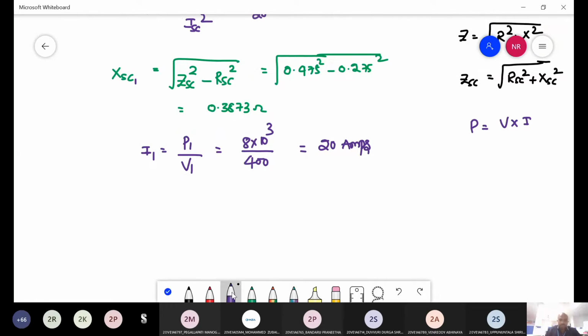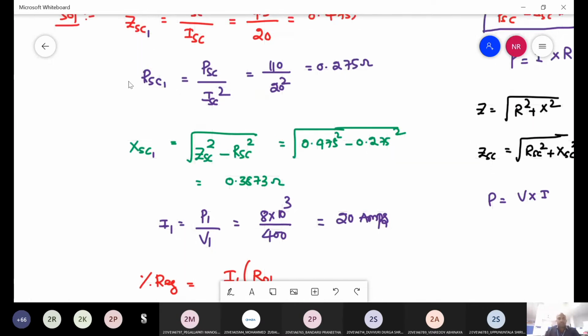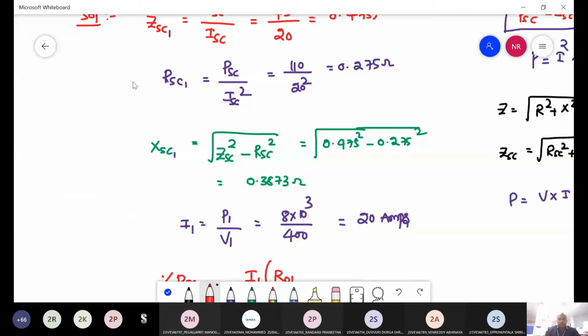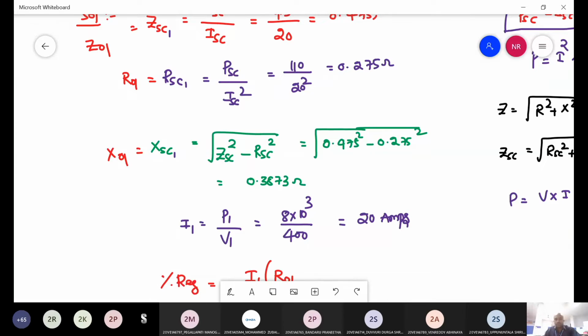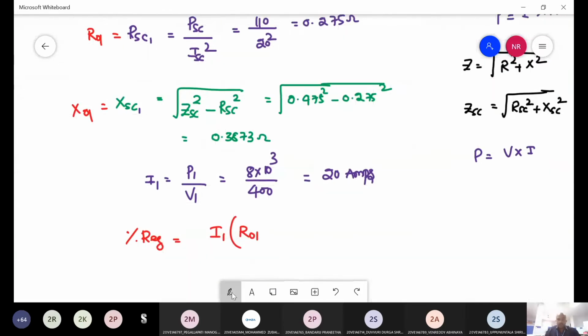So here I am now calculating regulation on the primary side. Regulation is I1 into, what is the regulation formula? R01, so this is RSC, this is nothing but R01. This is X01, this is Z01. Then R01 into cos phi 1.